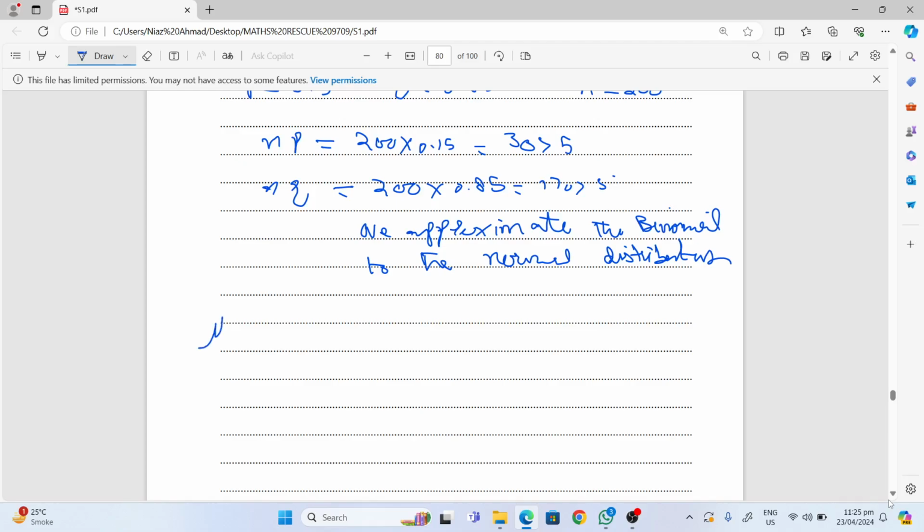Now I can get my mu, that is NP, that is equal to 30, and you have sigma, that is NPQ, and it is 25.5 whole under root. So from here you can say continuity correction before standardization.